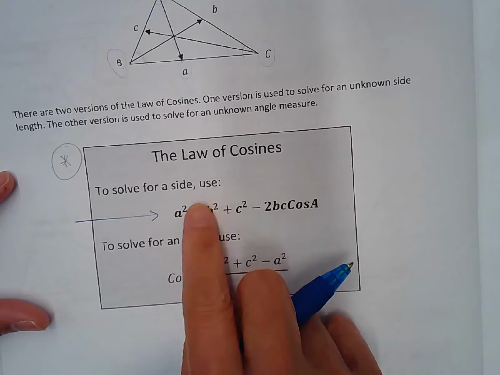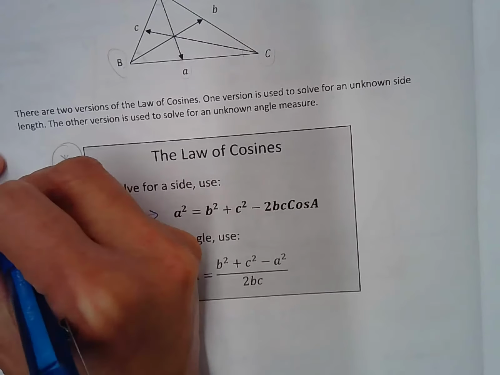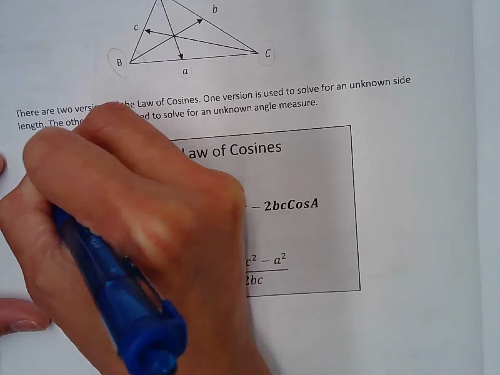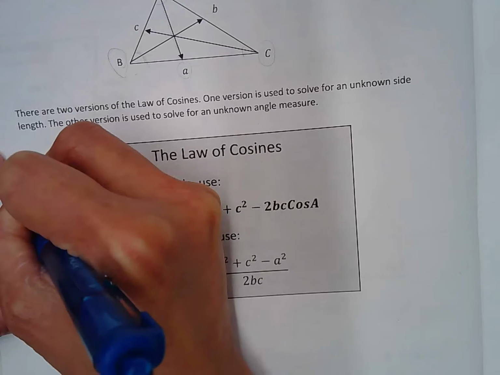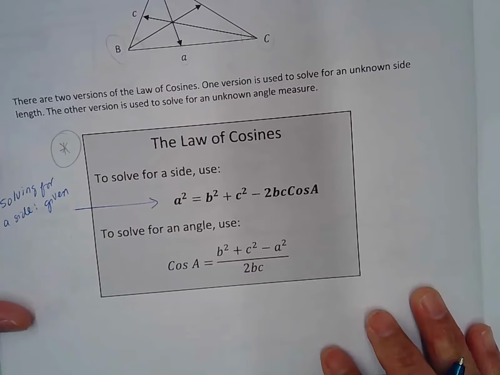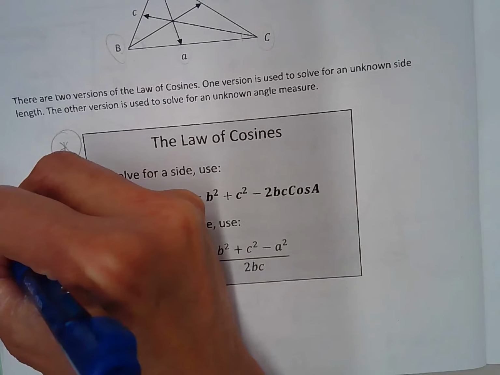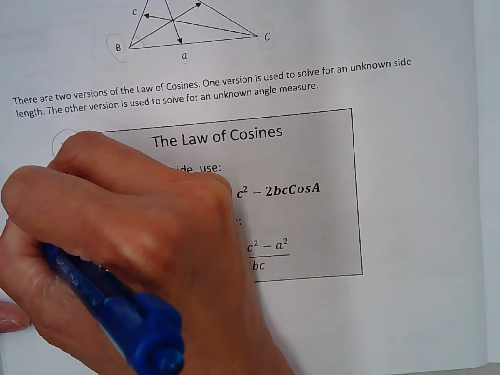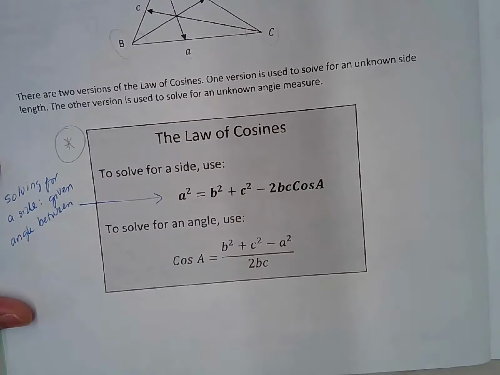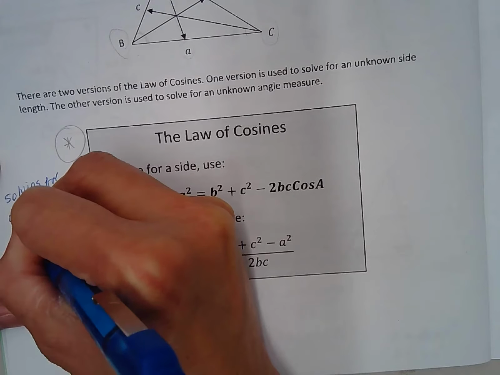Use the cosine law if you're solving for a side when you're given an angle between two given sides.